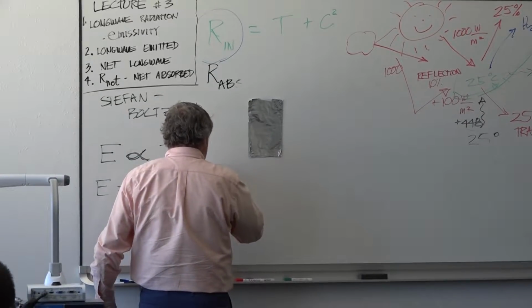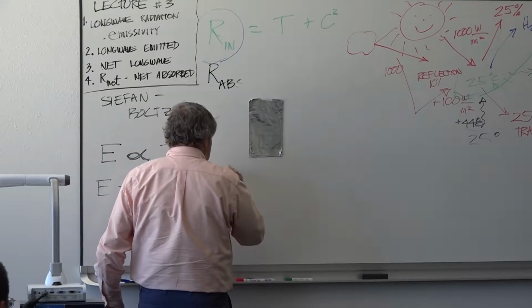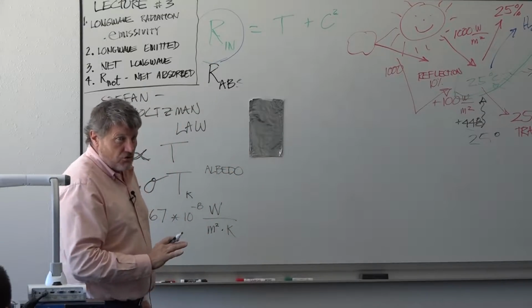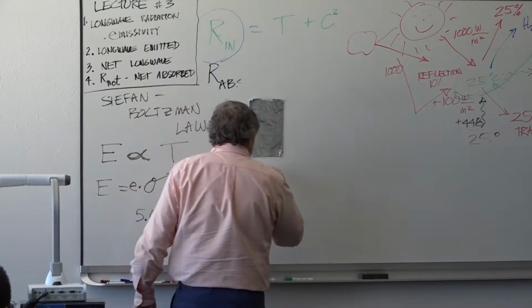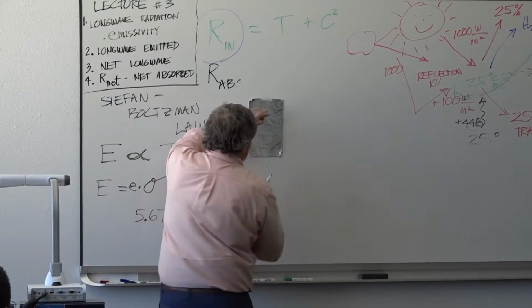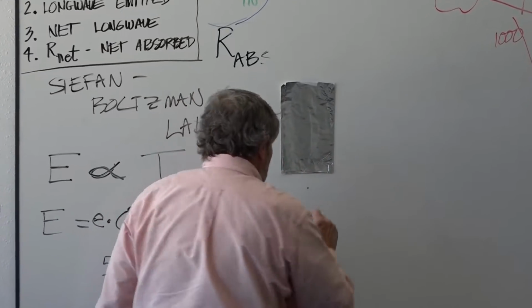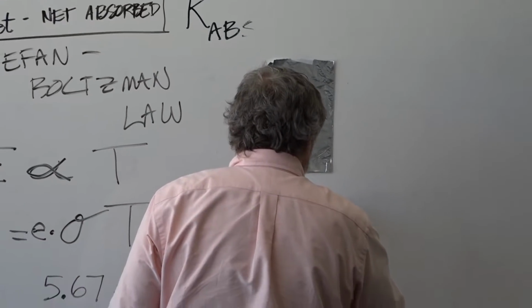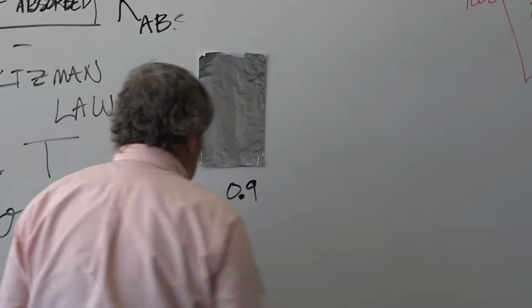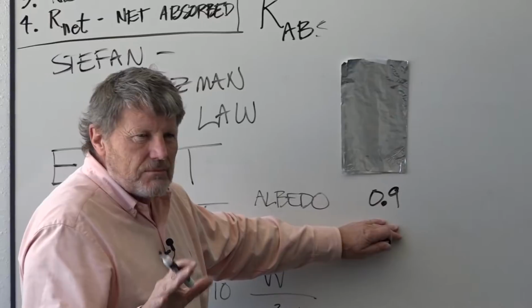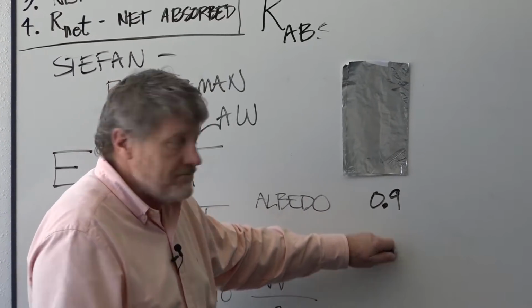Albedo. Pretty reflective of shortwave radiation. So we might say, and it depends on how perfect the tin foil is, if it's got crinkles, but if it's pretty perfect, it's going to have an albedo of 0.9. You can look this up in a book to see exactly what people claim for this, but it's high.